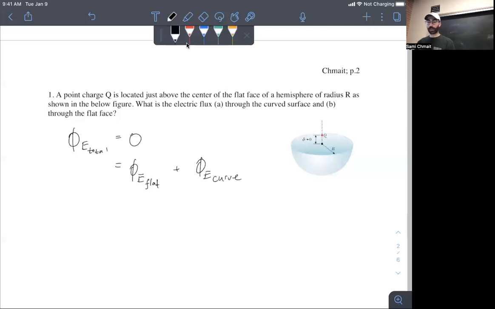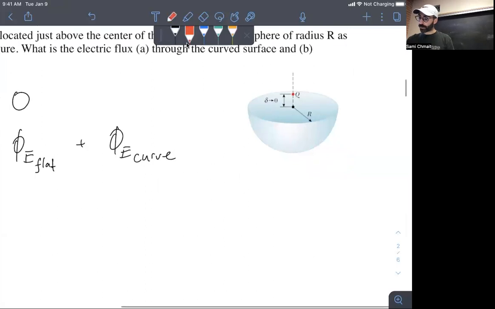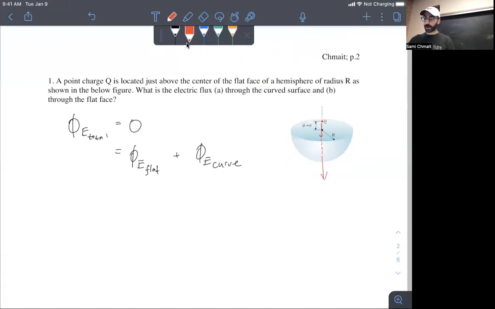How we want to visualize the normal vector produced by this charge is that it enters through the flat surface, works its way through, and comes out the bottom of the curved surface. Because of this, we already know how we're going to define this equation. First, in part A, Φ curve is equal to Q over ε naught.